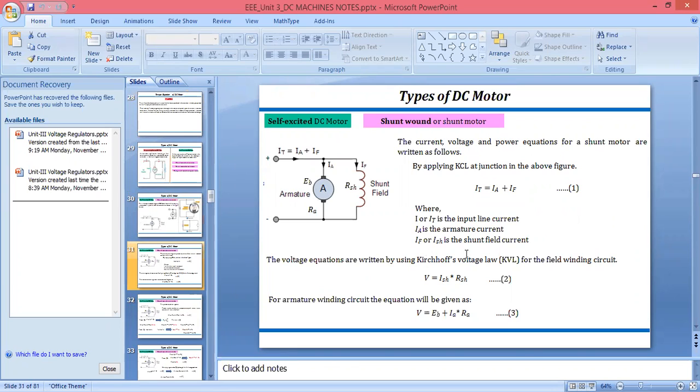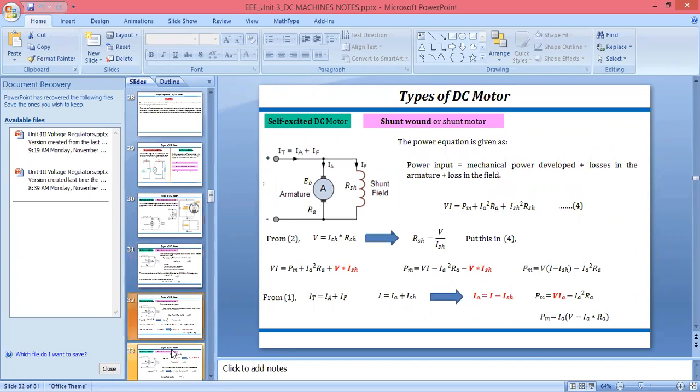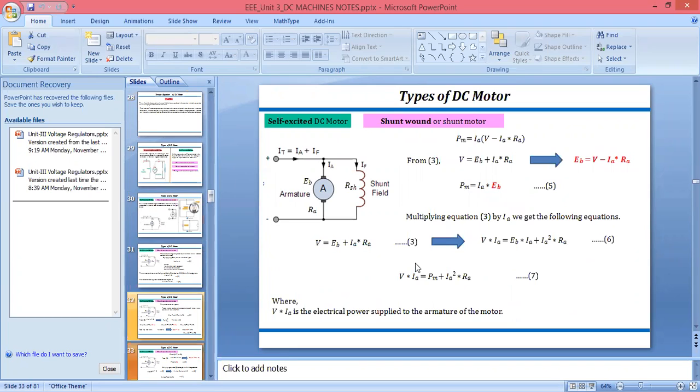By using KVL, you will get the equations for the voltage, and by using the current and voltage equations we can calculate the power generated in the DC motor. Total power will be equal to mechanical power plus power loss across the DC motor. Here we have finished the self-excited shunt motor.